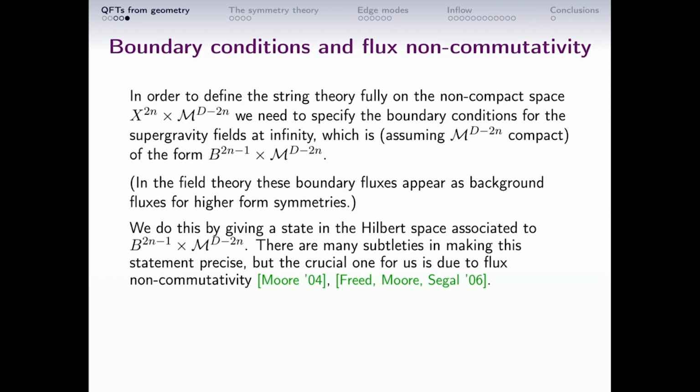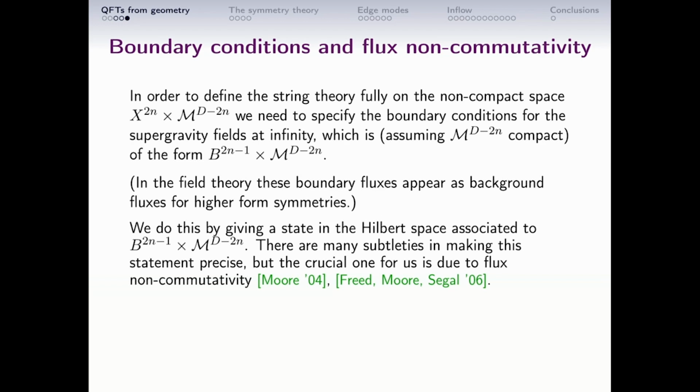Well, you would have to give me a state in the Hilbert space associated to quantizing gravity in here. That's a terribly difficult problem, which probably doesn't make a lot of sense. But for connecting to field theory, all we need to say is in which topological sectors the fluxes live.